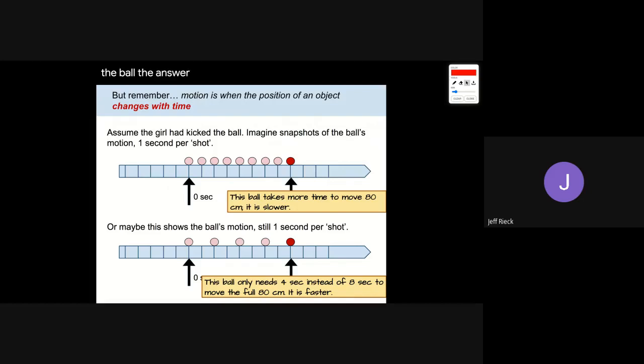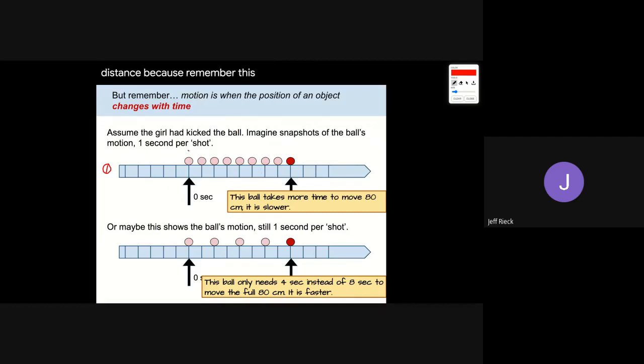And the answer, of course, is that one of them is moving faster than the other. So if we think about this in terms of the ball's position or the distance it's traveled over a given amount of time, in our first example on the top here, we know that the ball takes more time to travel the 80 centimeters of distance.